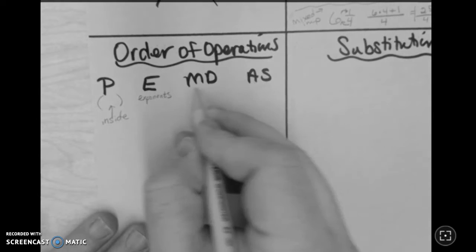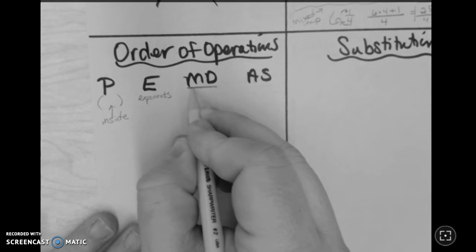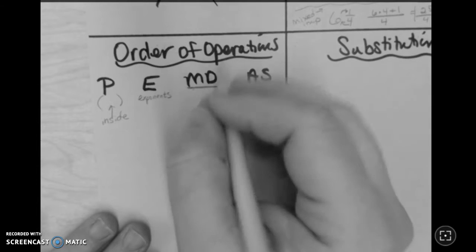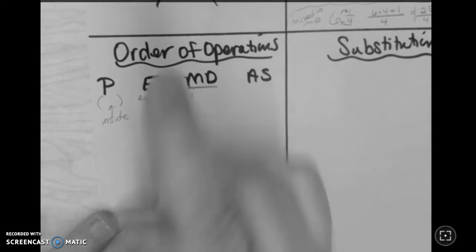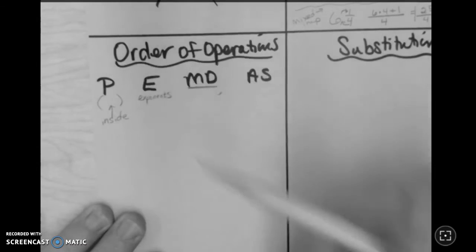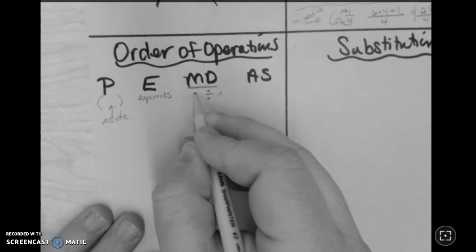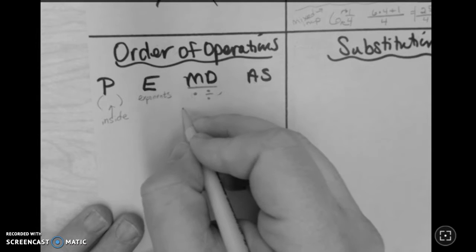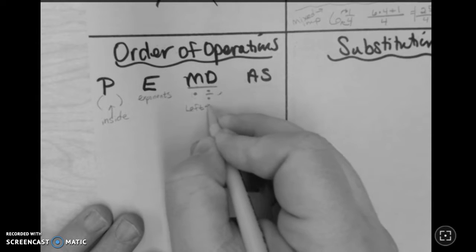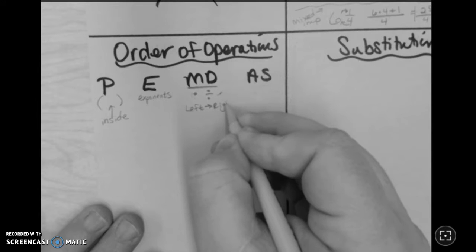And then multiplying and dividing, those two go together. That's why I wrote them together. So it's, is there any multiplication or dividing? And here's the thing, it doesn't always have to be multiplying. It has to be whatever is farthest on the left. So you have to go left to right for this.